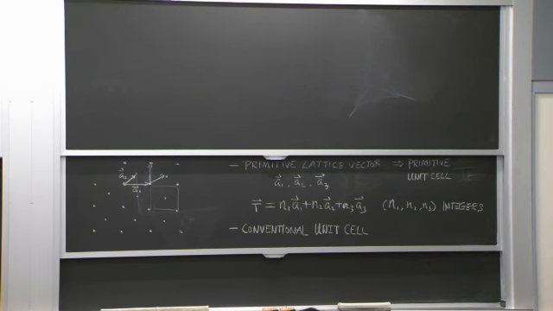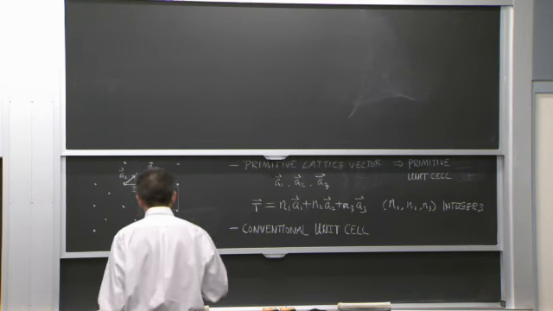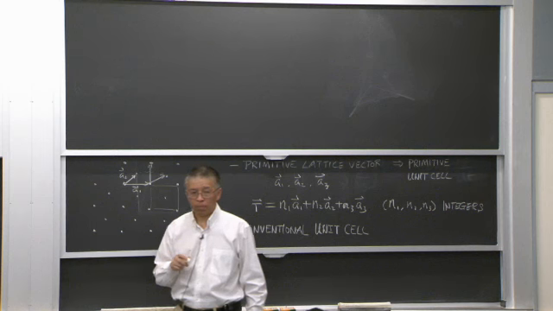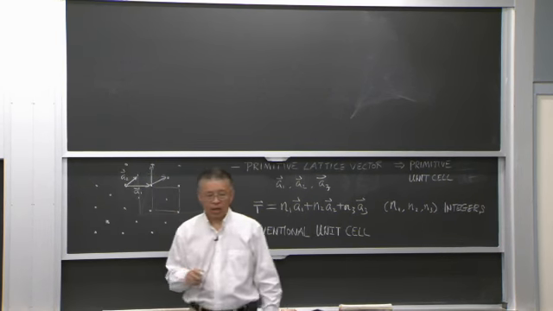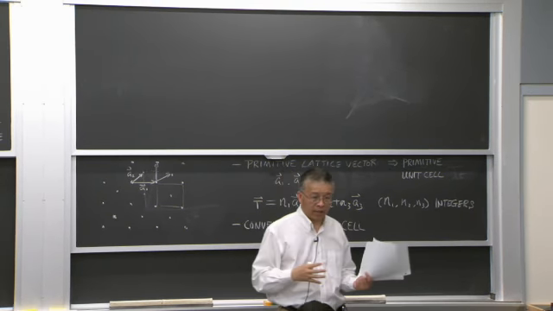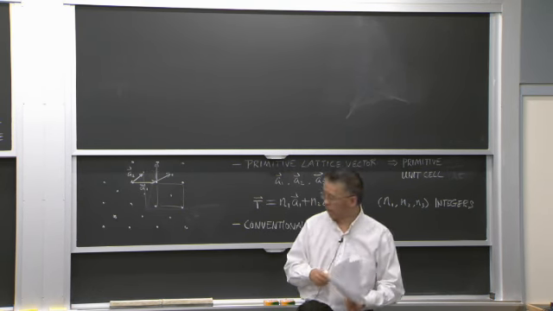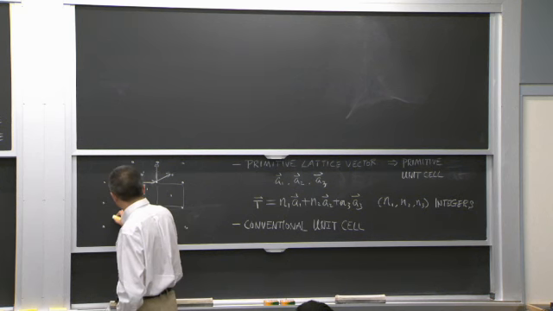Right? So one way to construct this is to take any of these lattice points. Here is the lattice point. I collect all the neighboring lattice points.